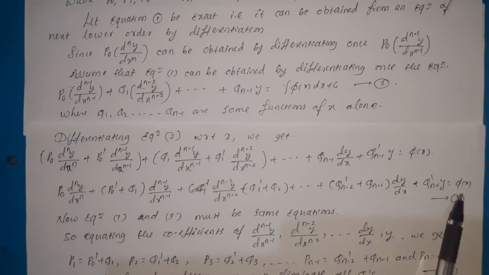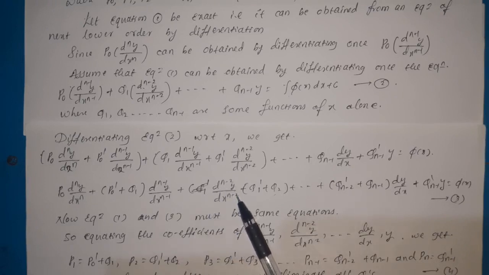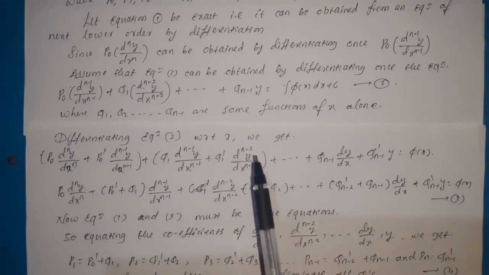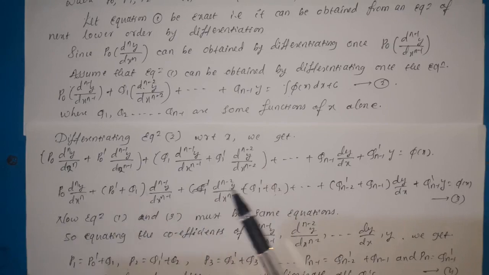So now just observe that this equation is derived from the second equation by the method of differentiation. Whenever we get an equation by differentiation, that equation is called an exact equation.